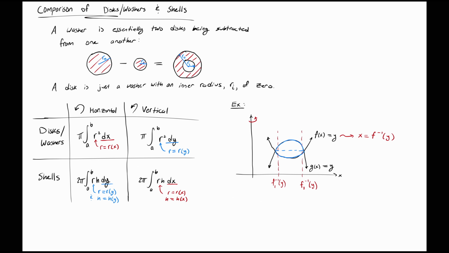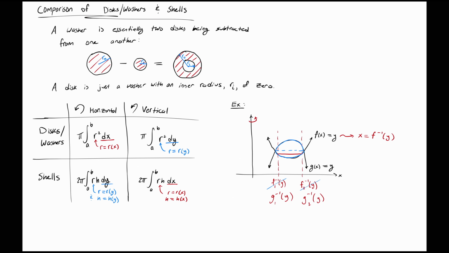If I draw my slice down here, then it's not going to be f inverse, the left branch and the right branch of f inverse. It's going to be the left and right hand branches of g inverse, excuse me. I don't know why I can't talk today.